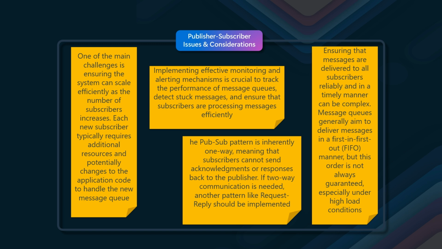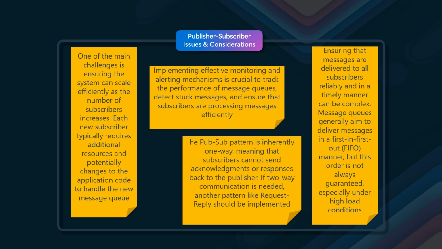Message duplication. Handling duplicate messages is necessary because message queues guarantee at least one delivery, which means there's a chance that the message might be delivered more than once. Implementing deduplication mechanisms can help manage this. Poison messages. Managing poison messages, which are messages that repeatedly fail to be processed, is important.